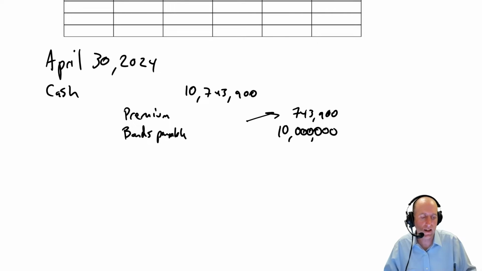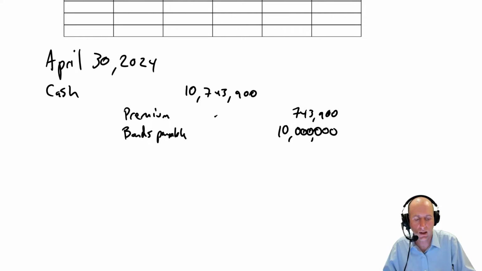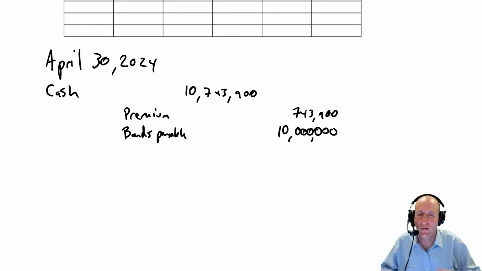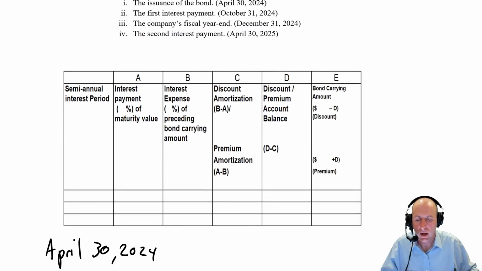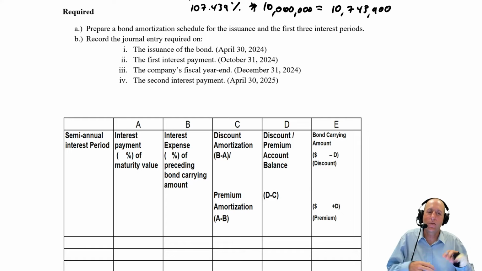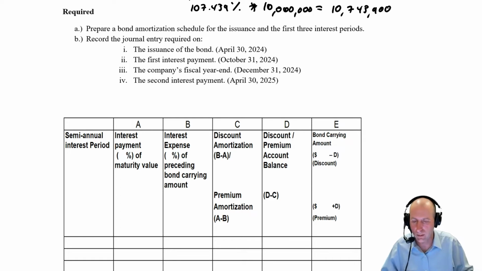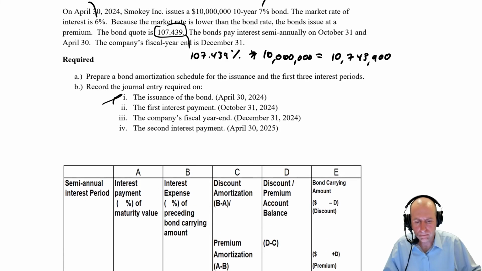You can think of that as extra cash of 743,000 that I don't have to pay back at the end of the bond. That's almost like an interest premium, right? It's extra interest. It's good interest for me, not interest expense. But having said that, to get that extra interest, I've got to pay it out over the life of the bond. Okay. So we've recorded the journal entry for the issuance of the bond.